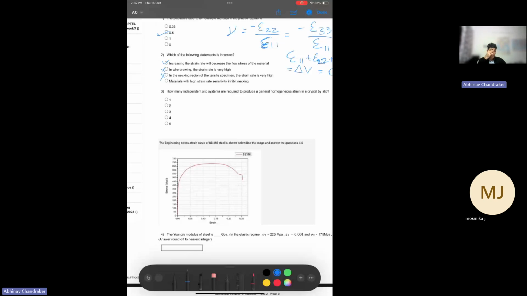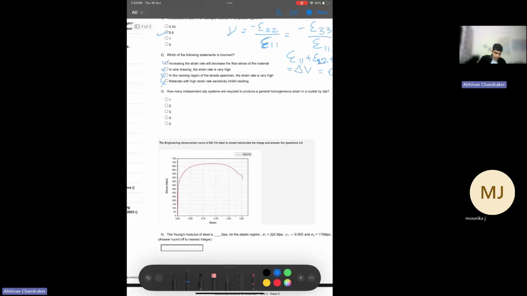In necking, we know that the strain rate is high, but if the sensitivity is high, the flow stresses will also increase rapidly, and that will cause some hardening and lead to retardation of further necking. As a result you are more likely to get a more uniform deformation, because the neck region basically becomes very strong. So this is also true. The correct answer is A.